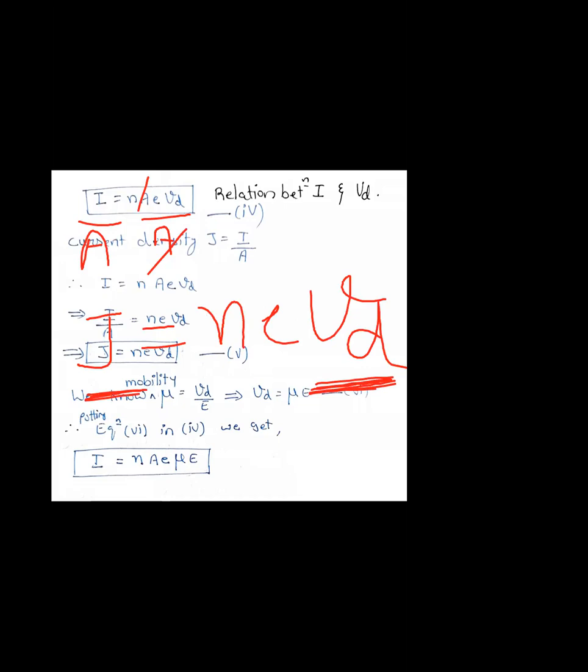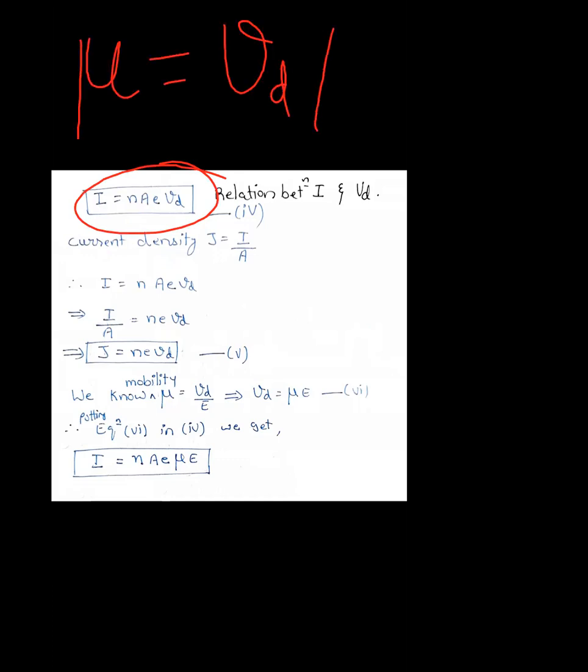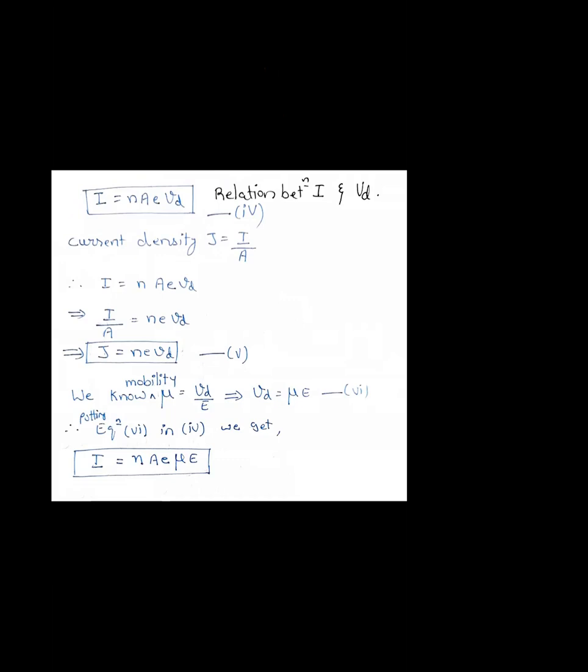Right? Next we have studied mobility also today. So if we want this equation in terms of mobility, we remember mobility is what? Drift velocity upon electric field E. So here drift velocity is this, so let's divide by E on both the sides. So dividing on both the sides, this Vd by E is what? Here we will get I by E equals to Nae mu.